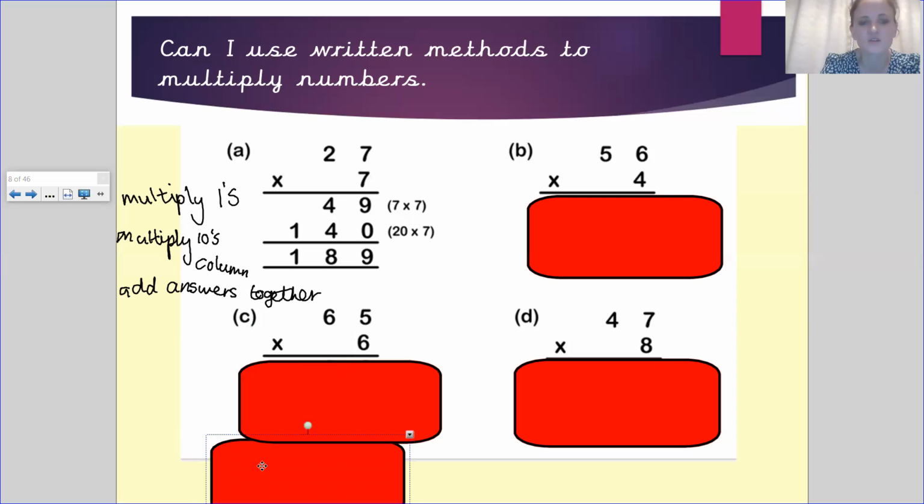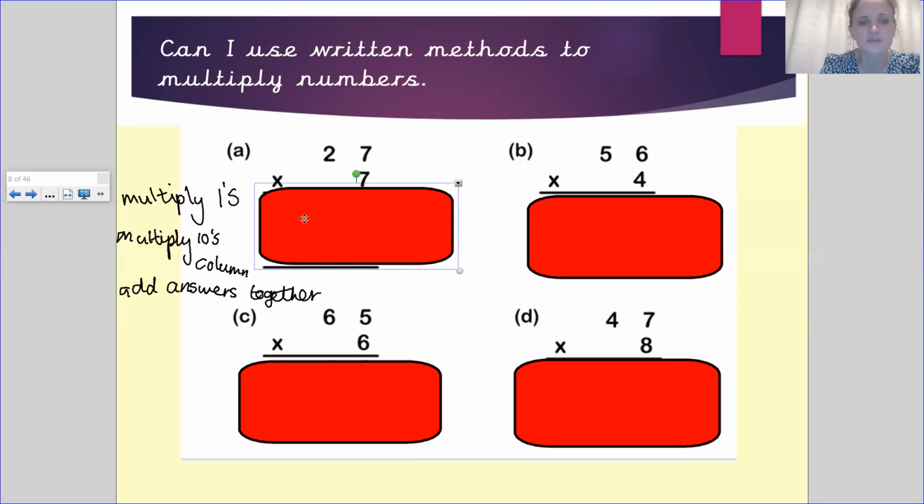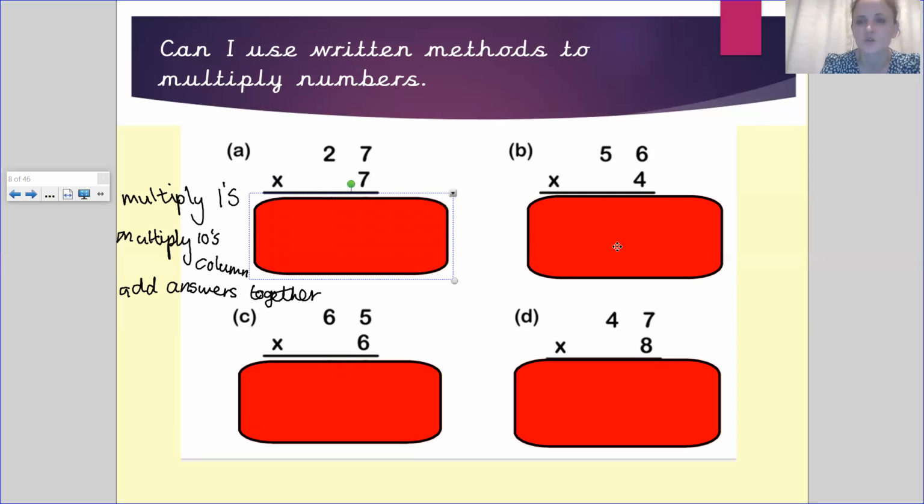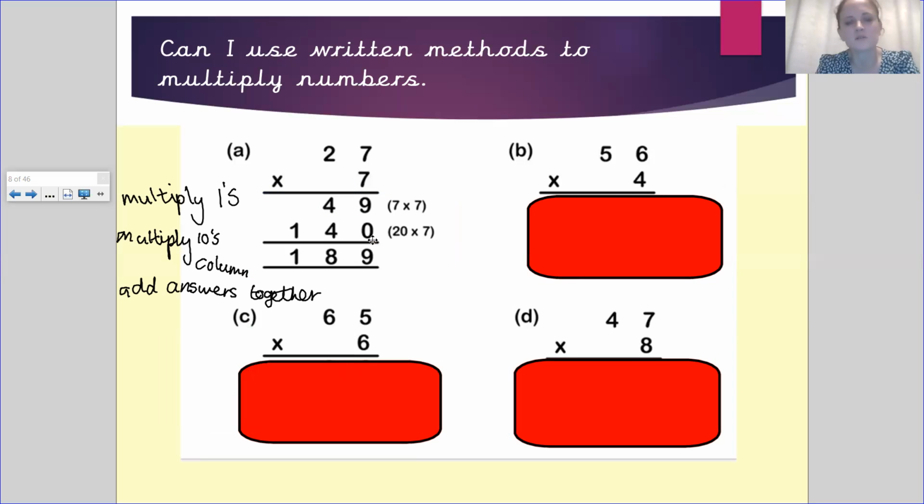So what I would like you to do now, using the steps to success that we've just discussed, do B, C, and D for me. So pause the video and get on with that, and then we'll go through the answers. Well done. So we've gone through the answers.